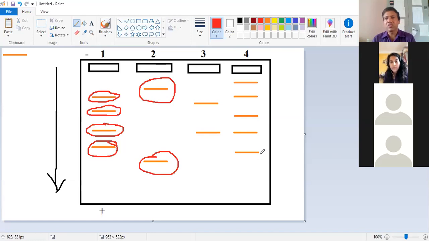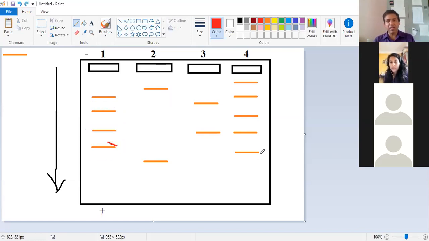This is how we separate the DNA. In this example, this DNA molecule in sample 1 is equal to this DNA molecule of sample 3 because they are migrating together. That means DNA molecules having similar size will migrate together.